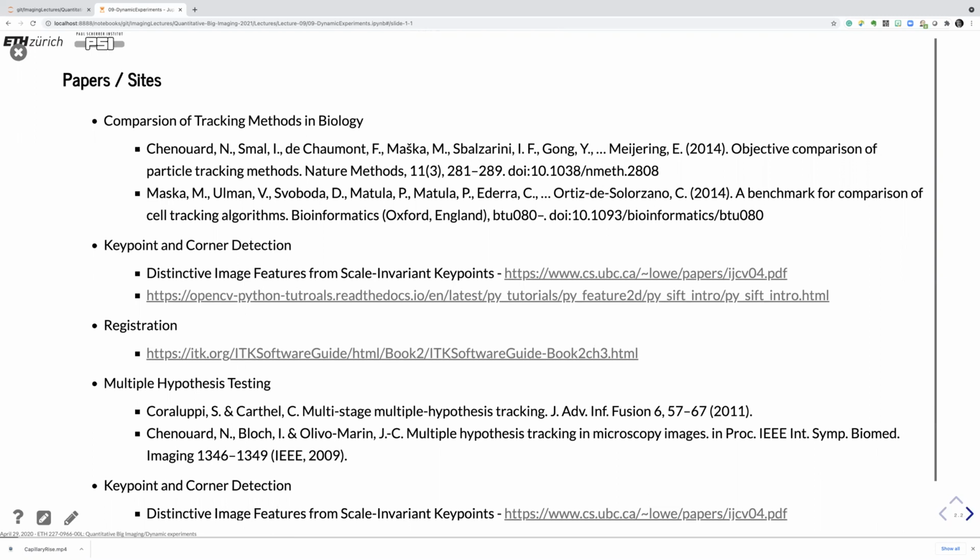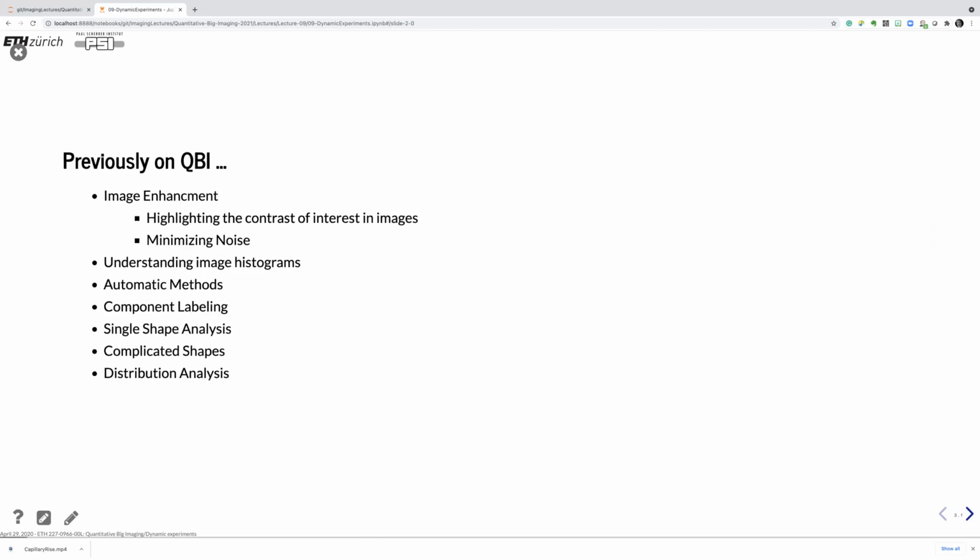Let's go through essentially what we are going to talk about in the lecture today. We have already talked about many things. We are going towards the end of these lectures, and we started out with some basics about images. Then we talked about enhancement to get rid of noise. Noise is actually very prominent when you talk about dynamic experiments, because what you usually want to do is to push the system to the limits of what it can do in terms of spatial and temporal resolution.